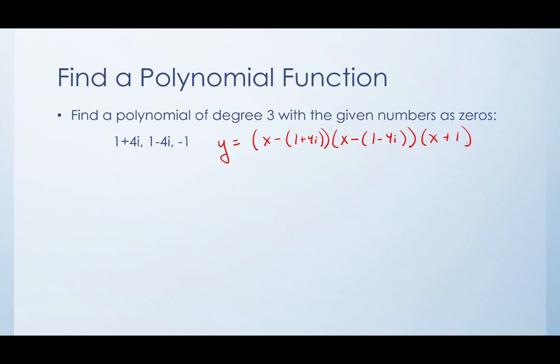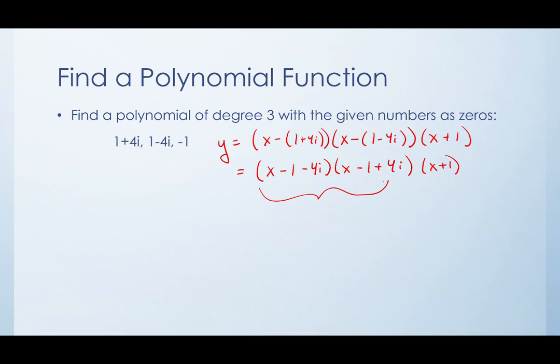Now, this is usually not going to be a good answer because we really don't like complex numbers in our polynomials. So what normally happens is we want the polynomial in factored form, but with all real coefficients, made up of linear factors and irreducible quadratics, which is what we're going to get if we multiply out these two factors here.